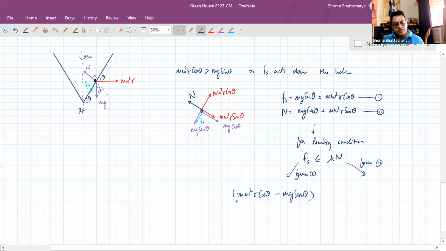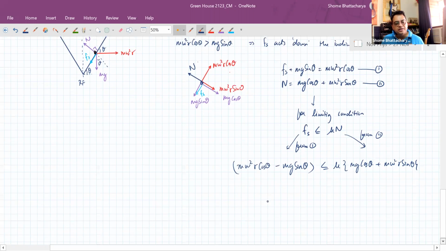This is the static friction acting assuming no slipping, and this cannot exceed the friction available, which is the limiting friction, mu into N, where N is mg cos theta plus m omega square r sin theta.